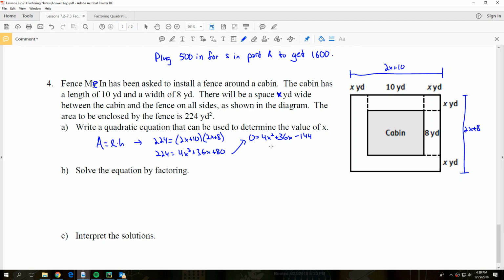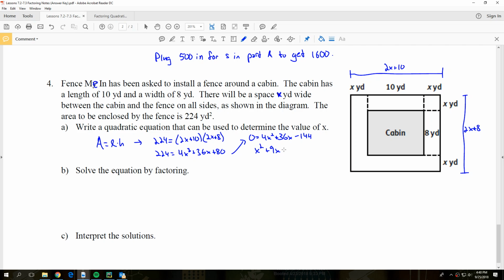All right, and then just dividing everything by 4 now. I'm going to move this 0 over to the other side. So that would be x squared plus 9x, and I think that's 36. Let me just verify. 144 divided by 4 is 36. Yeah.